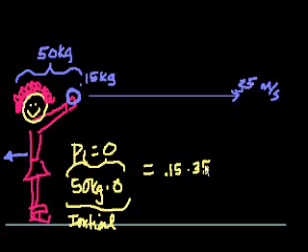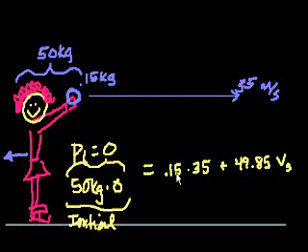So this is the momentum of the ball plus the new momentum of the figure skater. So what's her mass? Well, her mass is going to be 50 minus this. It actually won't matter a ton, but let's say it's 49.85 kilograms times her new velocity, let's call that the velocity of the skater.